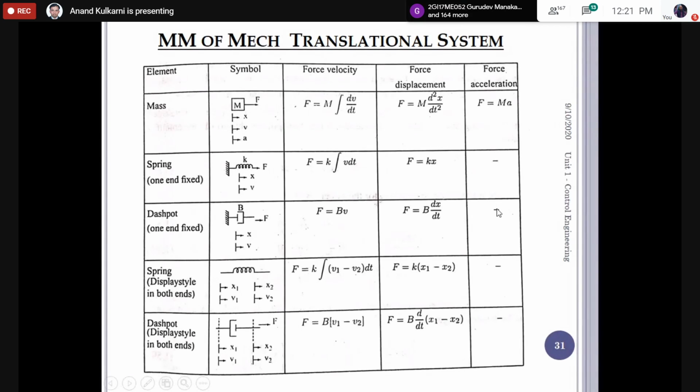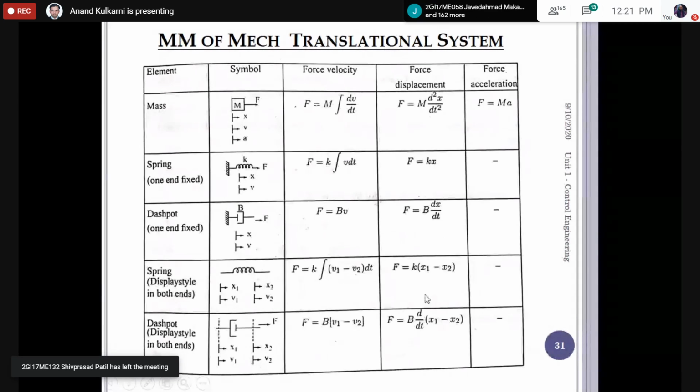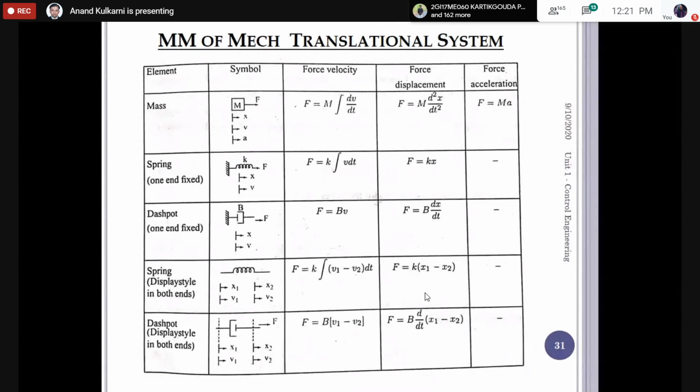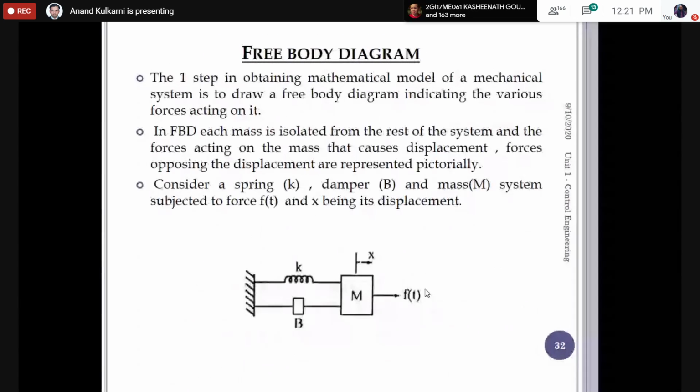Similarly, damping coefficient multiplied by integration of acceleration, which is also a velocity, is also a force. If both ends are movable, the same equation is modified exactly the same way: instead of x, it is x1 minus x2. That is net displacement. This is how the mechanical translatory system basic components look.